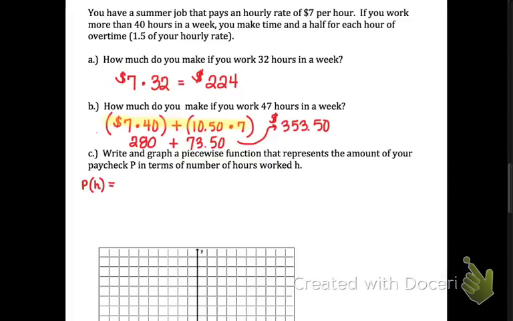So P of H is equal to, now we're going to set up our piecewise function. If H is the number of hours that we've worked, then the first equation, I hope it makes sense to you, should be 7 times H. We get $7 times the number of hours that we worked.